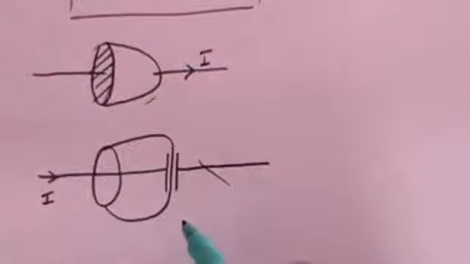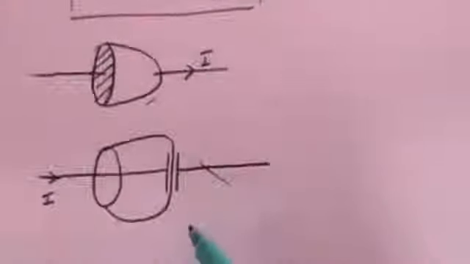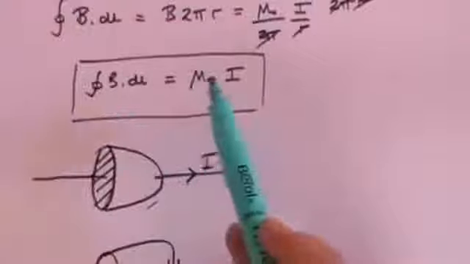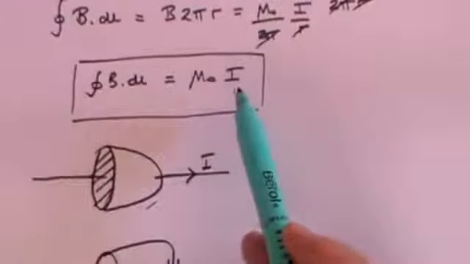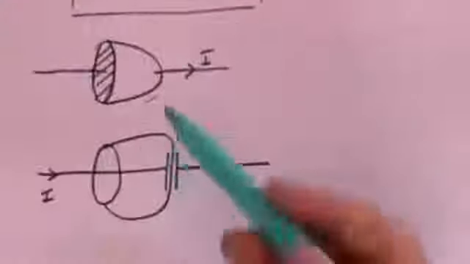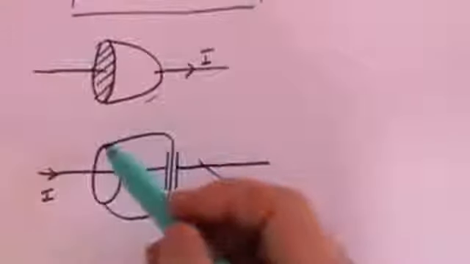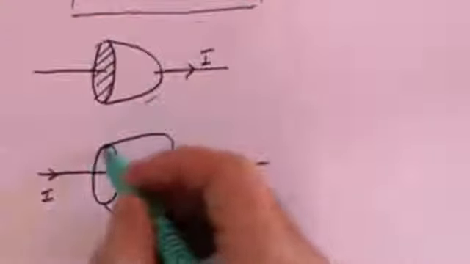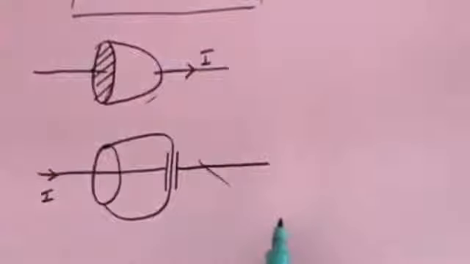So you're stymied. You'd have to say no current flows, and therefore the total B dot dl is going to be mu0 times naught, which is naught, which means that you would not expect to find a magnetic field at this point on the closed loop, which is madness.